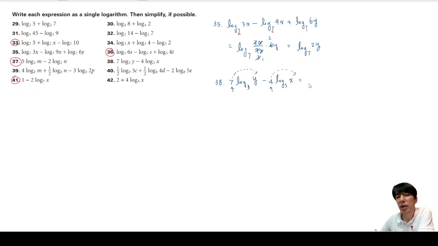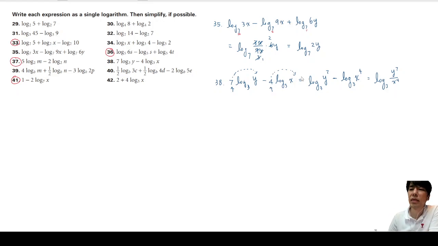So this is the same as log base 3 of y to the power of 7 minus log base 3 of x to the power of 4. Now it's free of any number in front of the log, so let's combine it now. Log base 3 of y to the 7th over x to the 4th. Okay, that's all. That's nothing to be simplified.